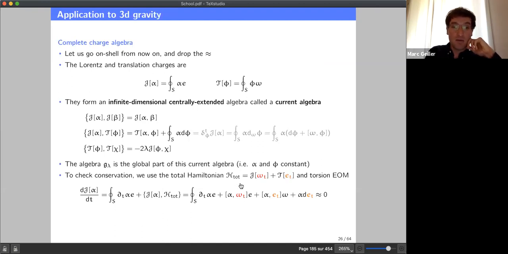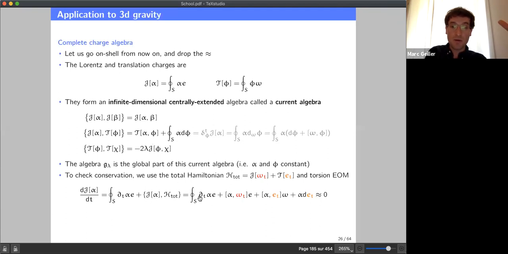So if I take this as my total Hamiltonian, now I know how the total Hamiltonian acts on a Lorentz transformation or a translation, because I have these Poisson brackets, which we just computed. If I compute the variation of the Lorentz generator, the first term here accounts for the variation of the gauge parameter, because it can be an arbitrary function of space and time. And then I have the Poisson bracket between the total Hamiltonian and the Lorentz charge J alpha.